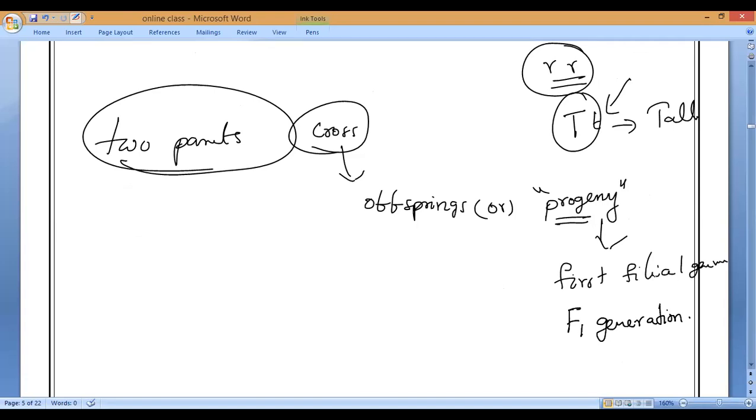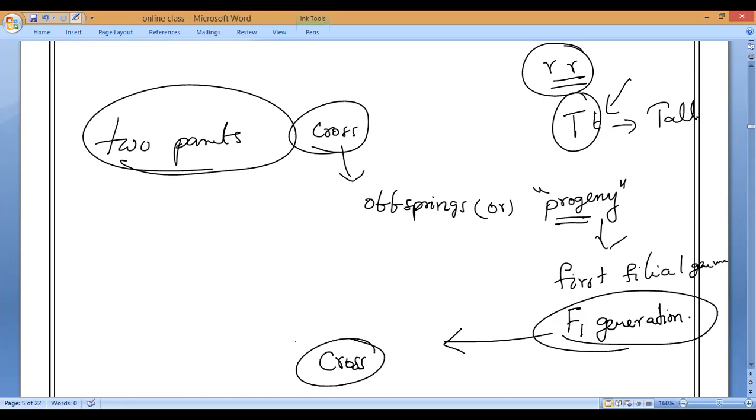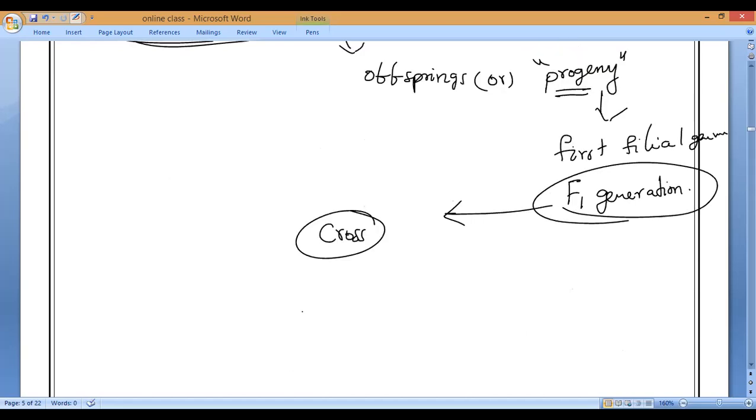Now, when this first generation progeny, the F1 generation, again undergo a cross after attaining certain maturation, and they breed, they will again produce a new progeny.